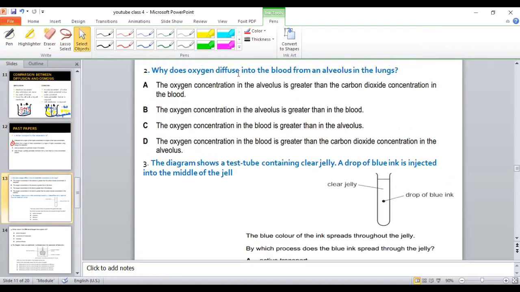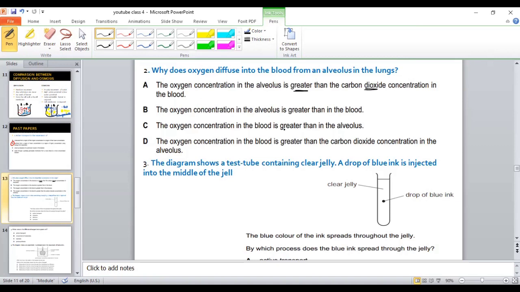Now, why does oxygen diffuse into the blood from an alveolus in the lungs? Here the concept of diffusion applies. The oxygen concentration in the alveolus is greater than the carbon dioxide concentration in the blood? No. The oxygen concentration in the alveolus is greater than in the blood?